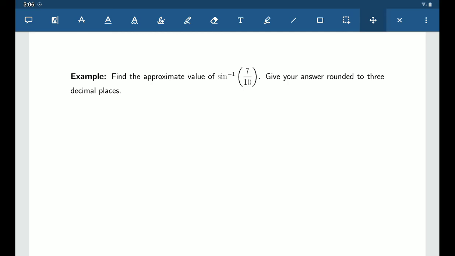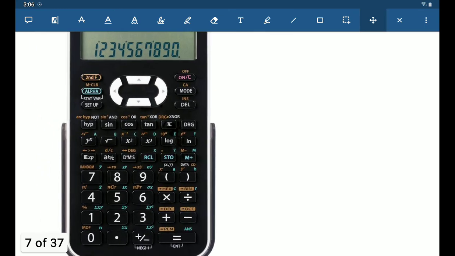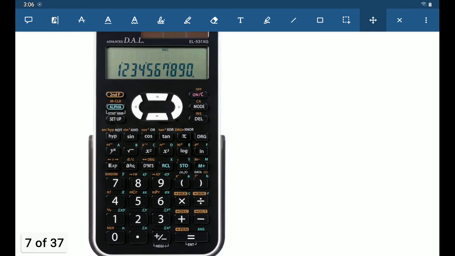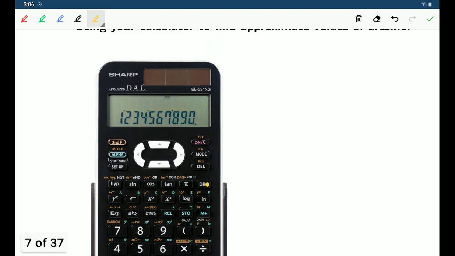So we will use our calculator, and if we want to find sine inverse of 7/10, first off, we make sure that we are in the right mode, that it says radians and not degrees. Right now it says degrees, so we would need to push the DRG button as many times as it takes to make it say RAD at the top.